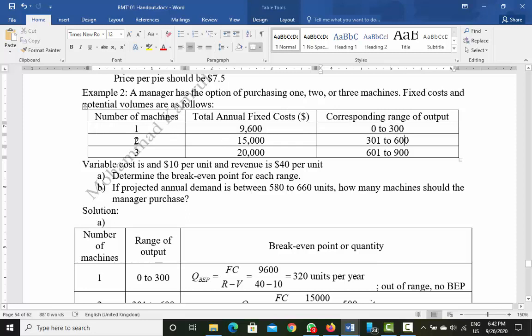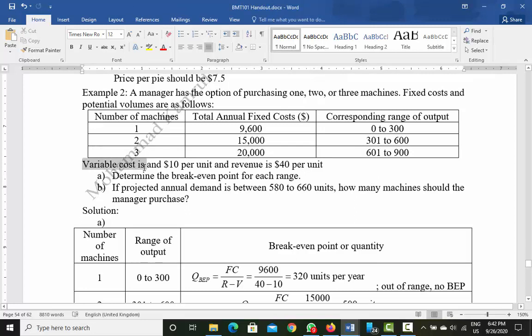If the manager purchases 2 machines, total annual fixed cost will be $15,000, and he will be able to produce approximately 301 to 600 units. If he purchases 3 machines, total annual fixed cost will be $20,000, and he will be able to produce 601 to 900 units.